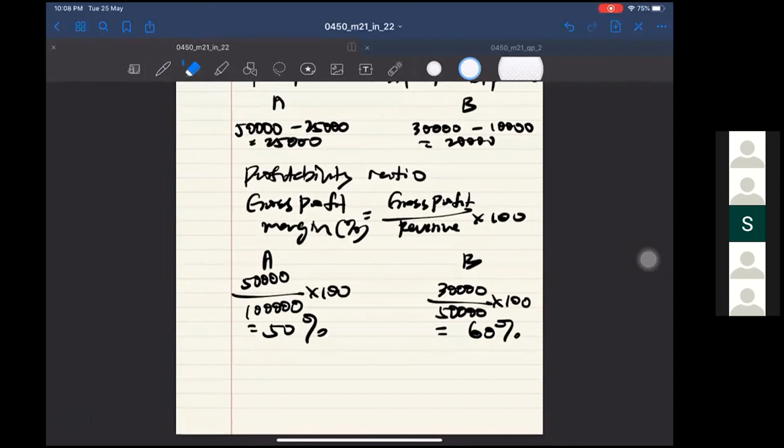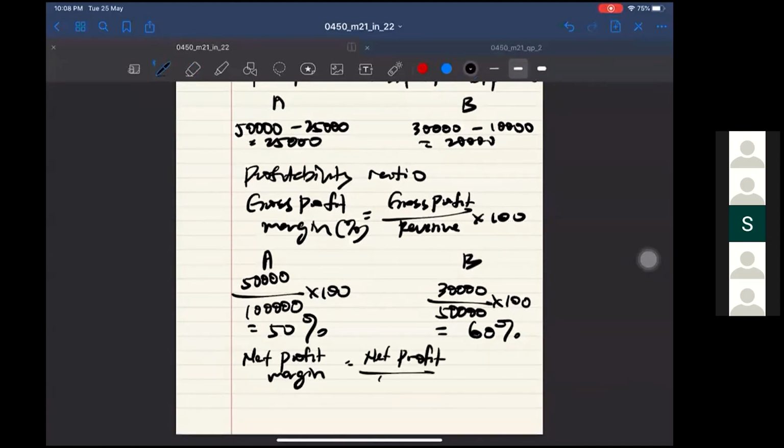So this is where you can use another calculation to write as your knowledge, the gross profit margin and the net profit margin also. The net profit margin is sometimes also known as profit margin. So profit margin or net profit margin uses your net profit over your revenue. The formula is quite similar to gross profit margin, but the profit is different. One uses gross, another uses net profit.